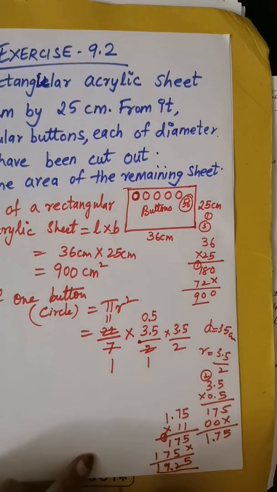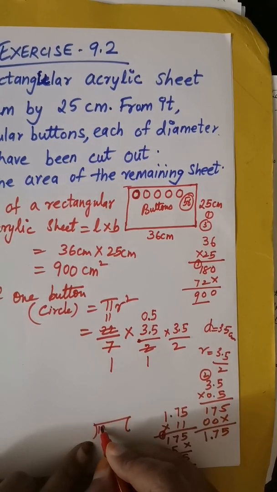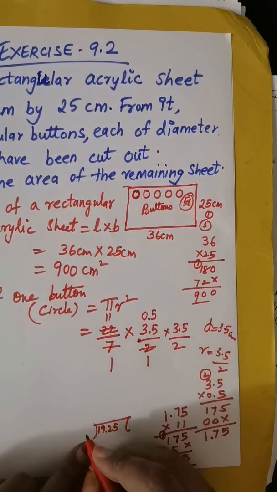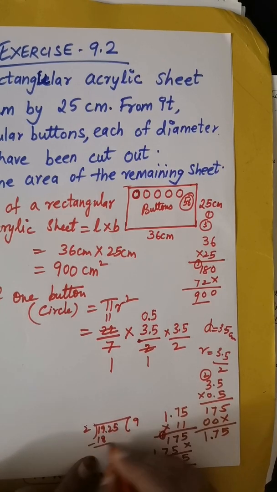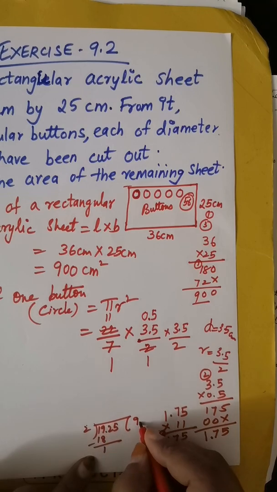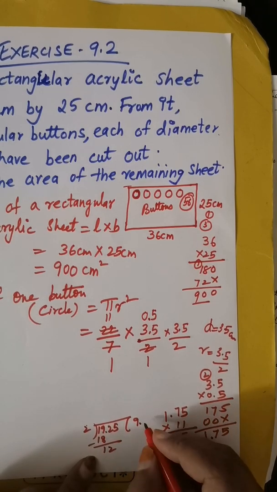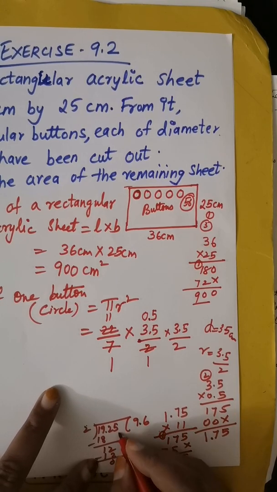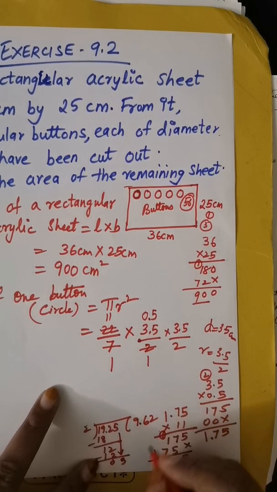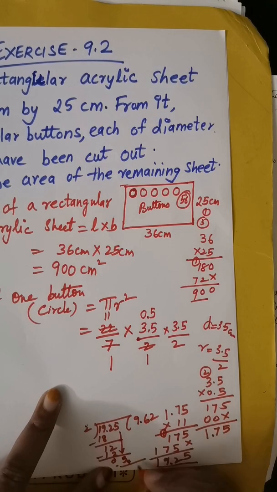Now you have to divide it with 2. 19.25 divided by 2. 2 9s are 18. 1 remains. Since the point is there, put the point, bring down 2. 2 6s are 12. 0, bring down 5. 2 2s are 4. 1 remains.